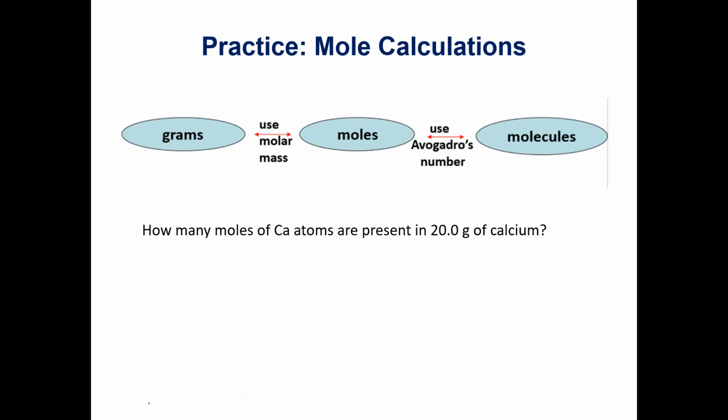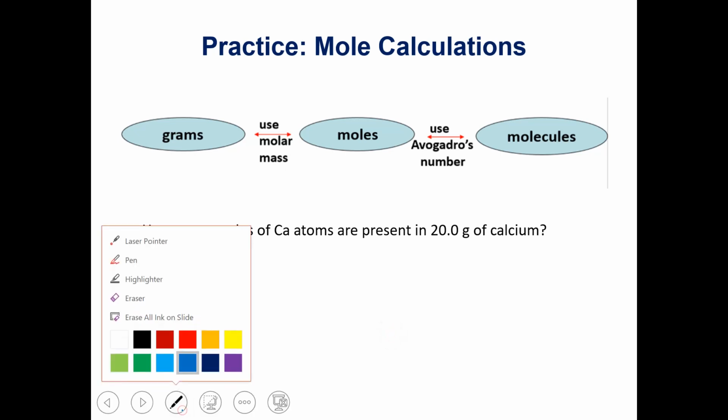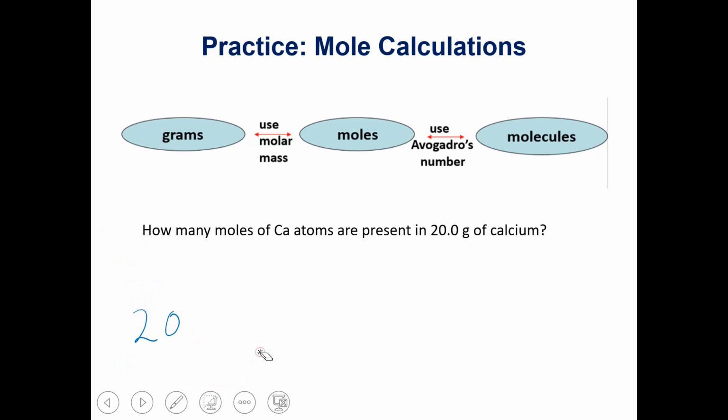So let's try a few more examples here. How many moles of calcium atoms are present in 20 grams of calcium? So if we start with 20 grams of calcium, and we have 20.0, so we don't want to lose any significant figures here. If you look up on the periodic table, the molar mass of calcium is 40.08 grams per mole.